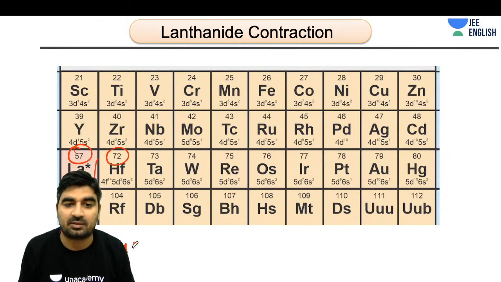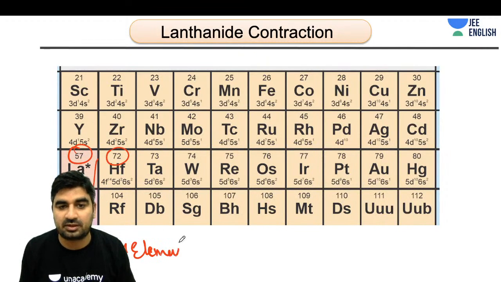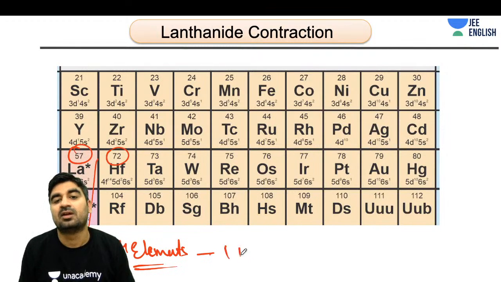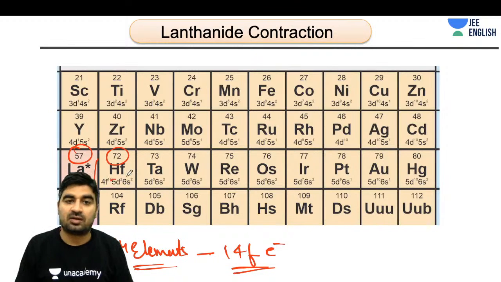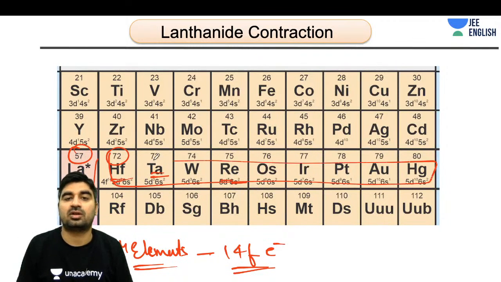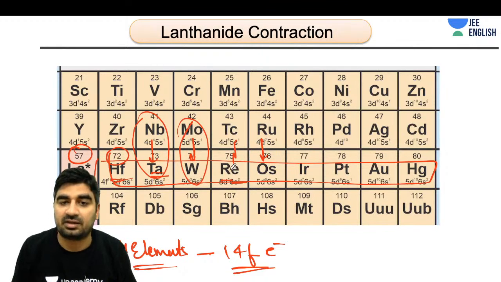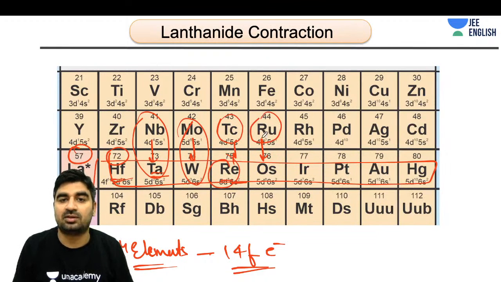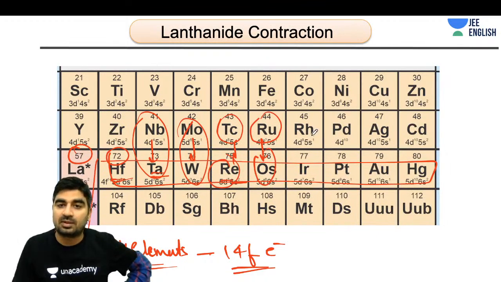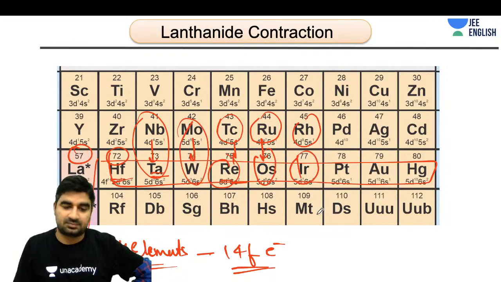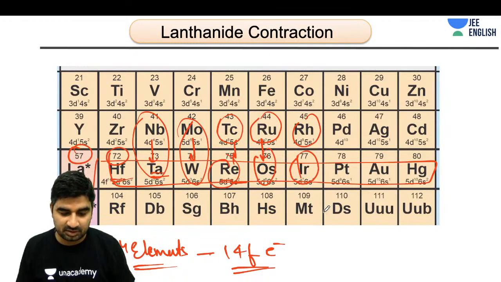So you have 14 elements, and in those 14 elements you have 14 f electrons with very poor shielding effect. So from hafnium onward, all will experience the lanthanide contraction, and the radii will be approximately equal to the radii of the corresponding atoms, like rhenium will be equal to technetium, and osmium will be equal to ruthenium. Got it guys? Any doubt?